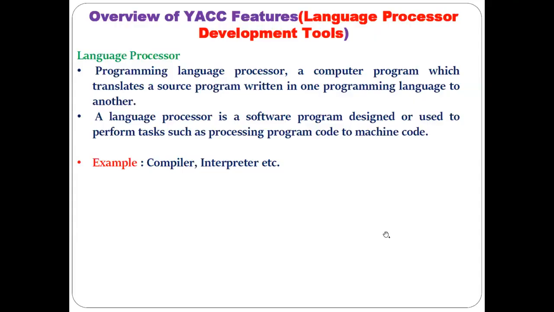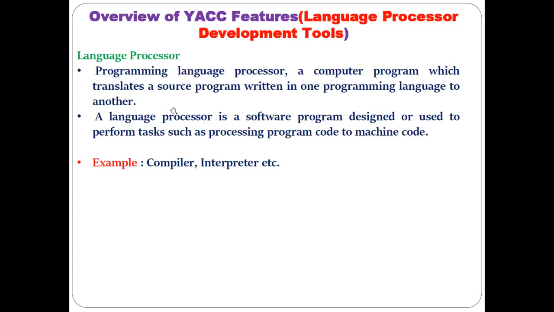Last time we also discussed what exactly a language processor is. A language processor is a system program which translates your source program into the target program, where your source program is written in a high level programming language. To convert that high level programming language into the low level programming language, into the machine code, there is a need of the language processor, because the computer doesn't understand the high level language, it only understands machine code.